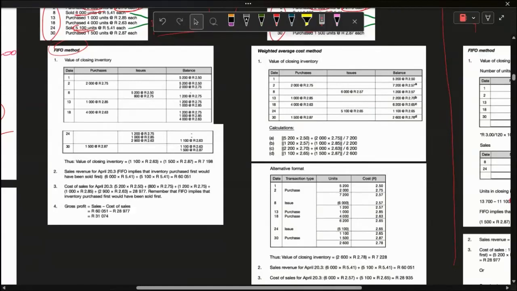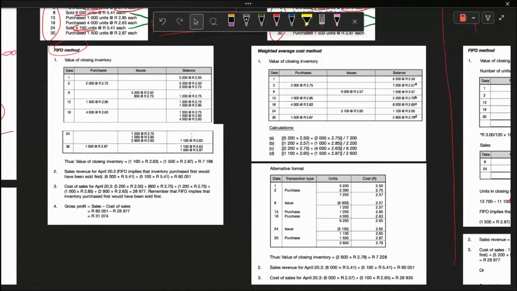From the 6,000, you take 5,200 at 2.5. That's the one you're going to issue out. And the remaining 800 that you need to issue, you're going to get from the 2.75. So basically that's it.